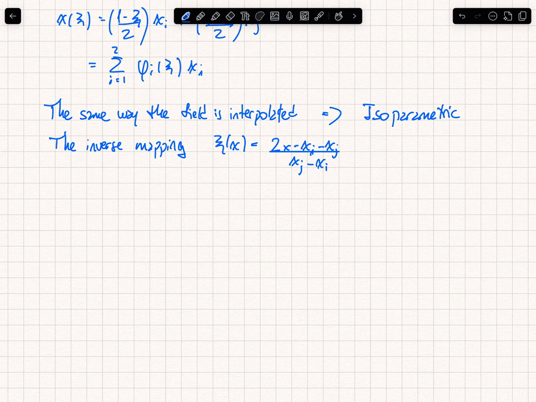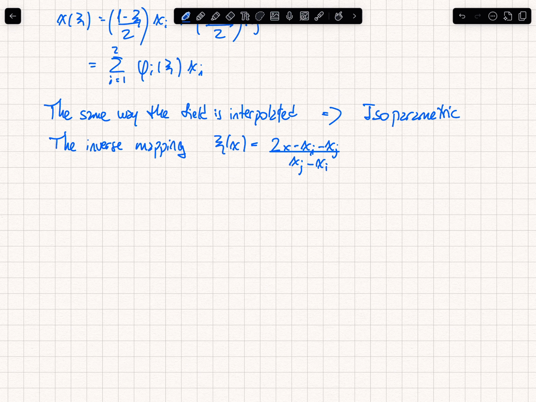Now, this inverse mapping is possible only in this case, that we have a one-dimensional case. When you go to more dimensions, when you are in 2D, for instance, there are cases for which the isoparametric formulations are a bit more tricky, because sometimes you cannot find an inverse mapping so straightforwardly.